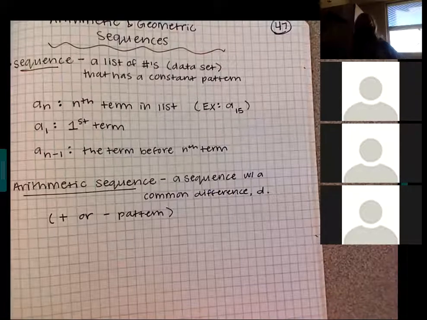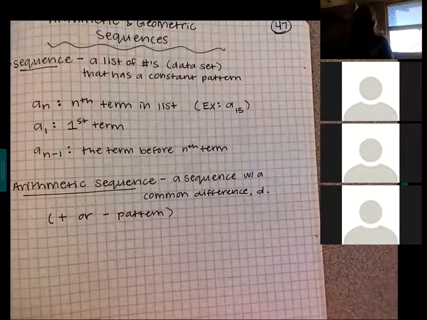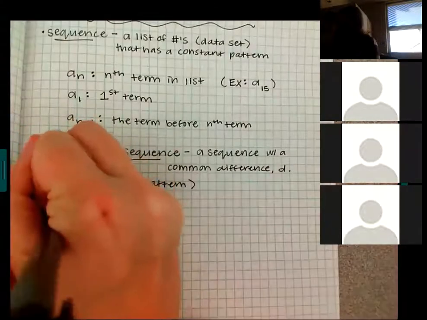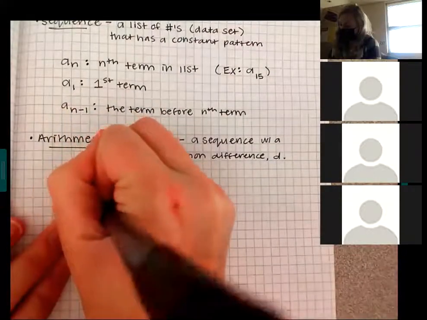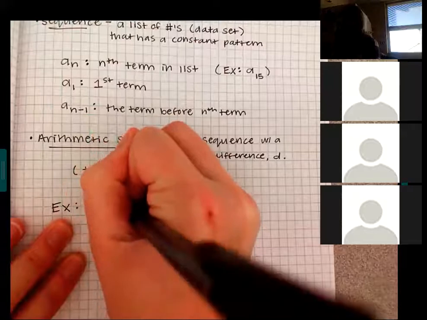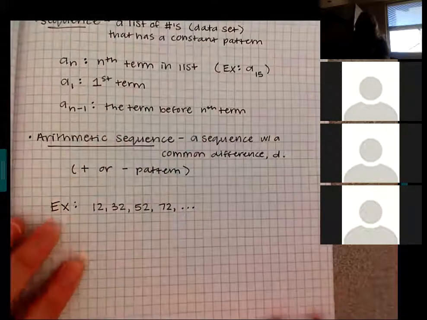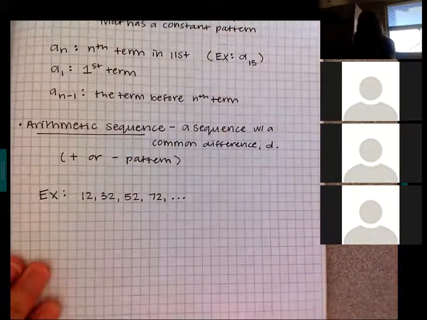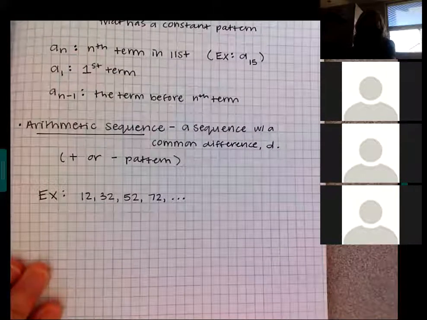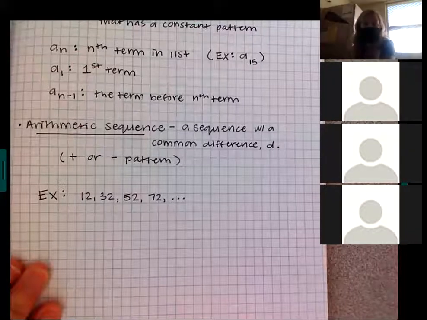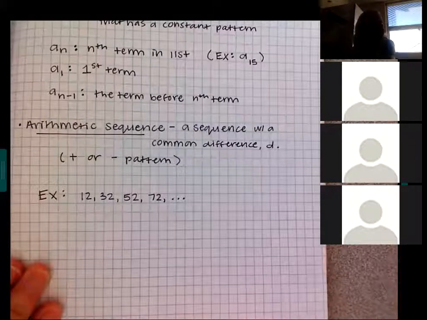All right, so if it's okay with y'all, I'm just gonna start off with an example. Is that okay with everybody? Okay. All right, what does the dot, dot, dot at the end mean?